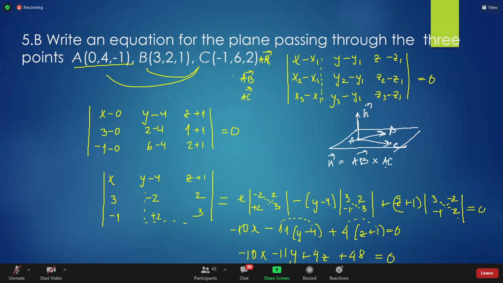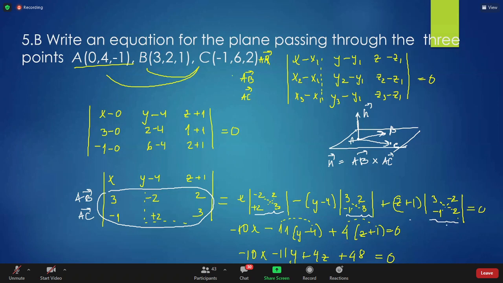And interestingly enough, the coordinates of the normal vector would actually come from these. Remember that we have vector AB and vector AC as the second and the third row coordinates in this determinant. So if we do these things, these are actually coordinates of the vector product. So that would be another possibility.